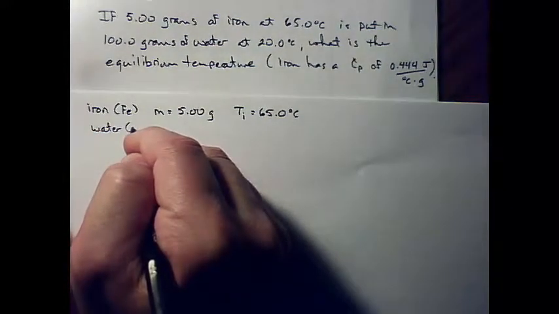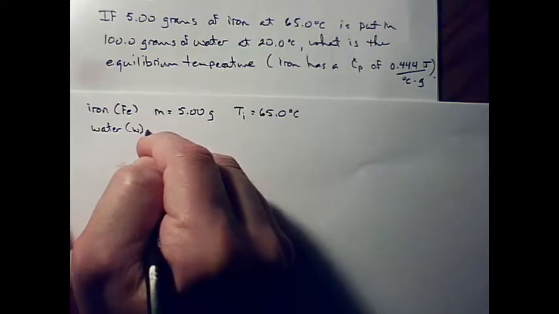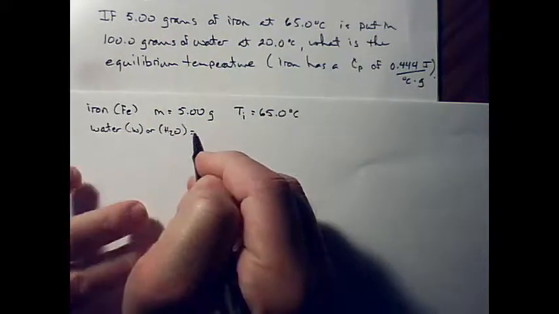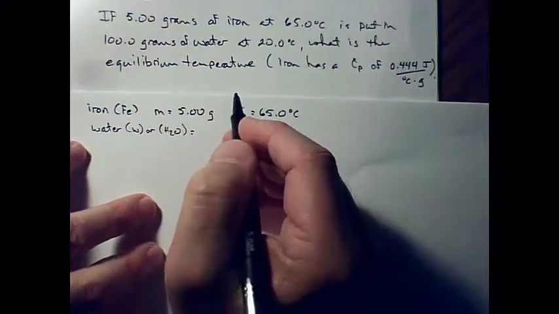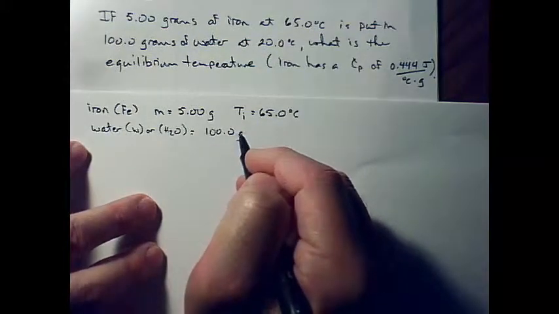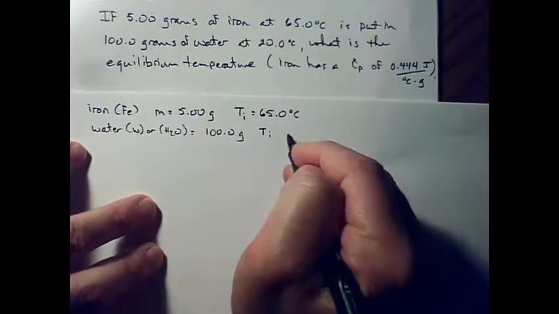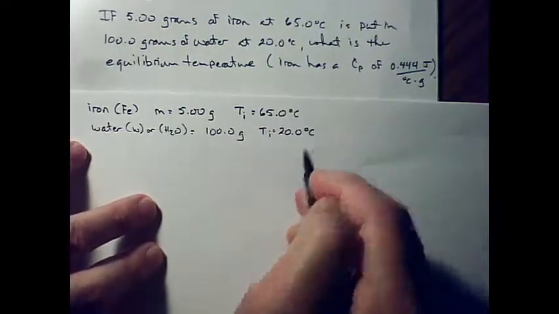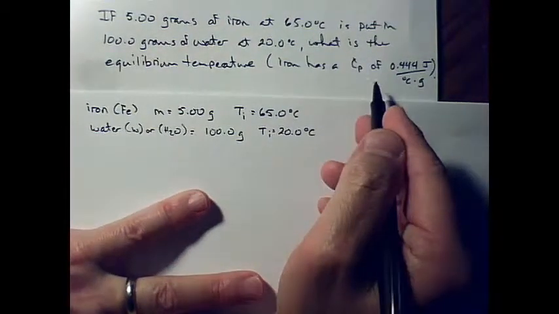Okay, we could just symbolize that as W if you want to make it shorthand, or you could say H2O. Okay. And it has a mass of 100 grams, and we've got its initial temperature of 20.0 degrees C. We also know the specific heat of the iron.